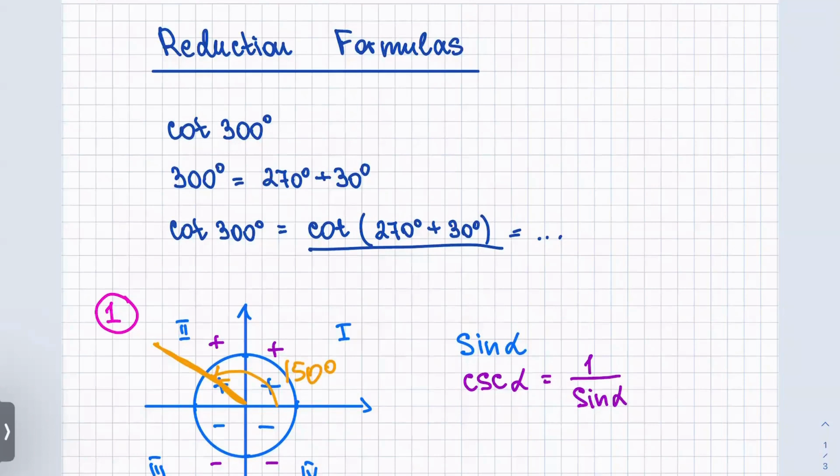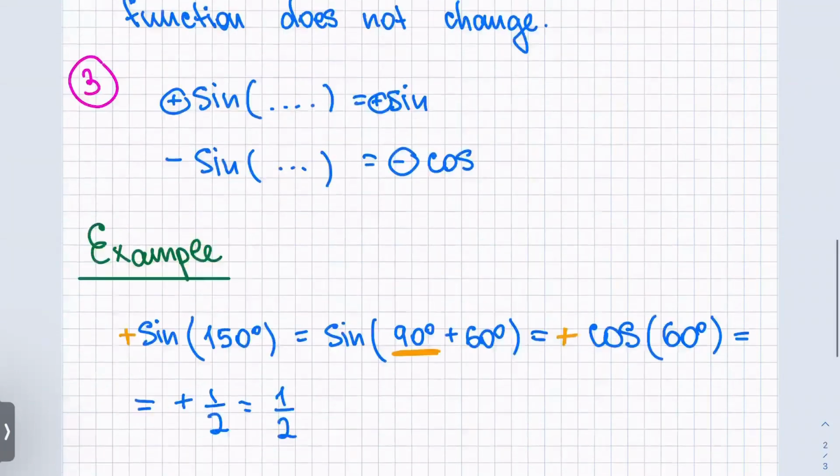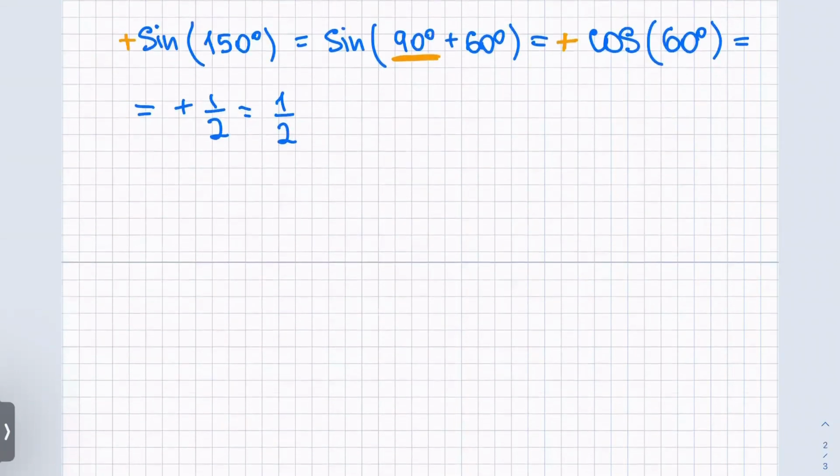So let's see how can we apply? That is even more interesting. So first of all, dear students, let me just write it down here, my cotangent. So we have cotangent 300 degrees. So what we already did, we found out that we can write 300 as 270 plus 30.